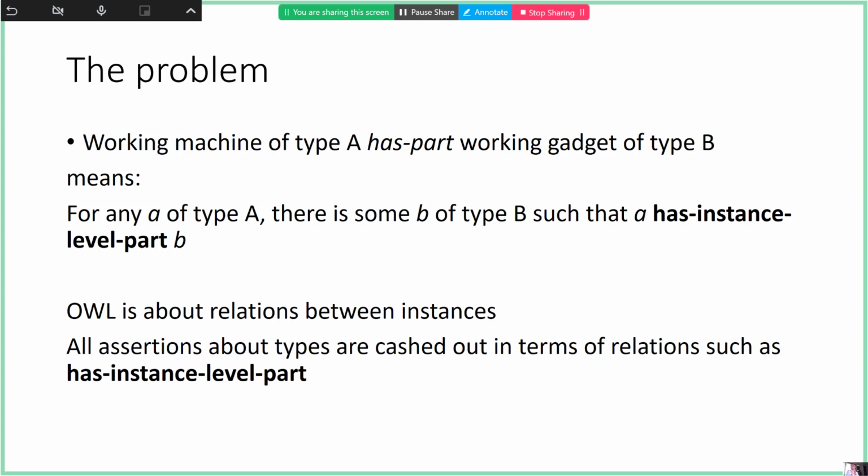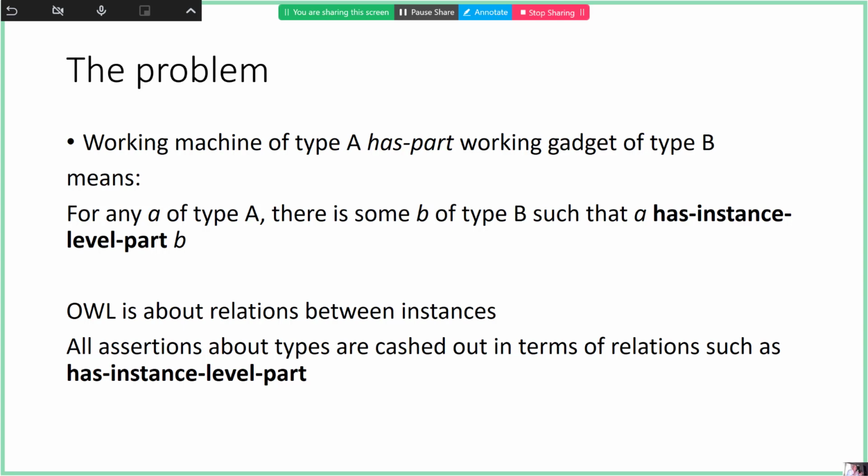What we mean when we say a machine of type A has part a gadget of type B, which is what the ontology will consist in, sentences like that, what we're actually doing is talking about instances of the type A and the type B. And what we're saying is that given any A, any little a of type big A, there is some little b of type big B, such that a has instance level part b.